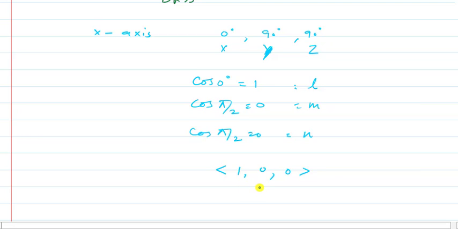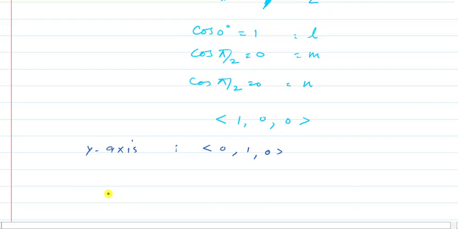Similarly, I hope you can calculate direction cosines of y-axis and z-axis. For y-axis it will be 0, 1, 0 direction cosines as well as direction ratios, and for z-axis we have 0, 0, 1, and you know the reason very well, according to the same reason.